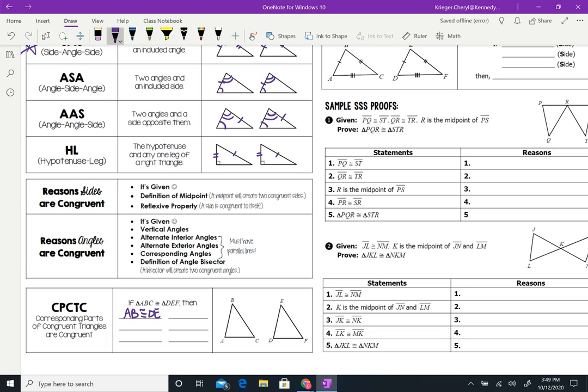We have AC would be congruent to DF. We have BC would be congruent to EF.